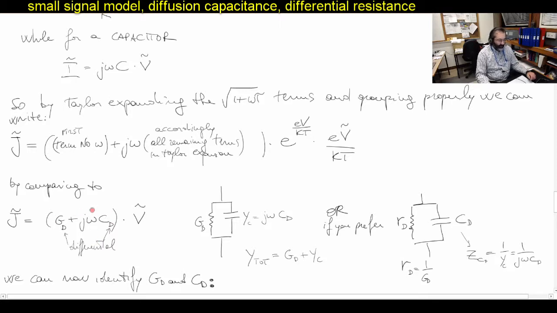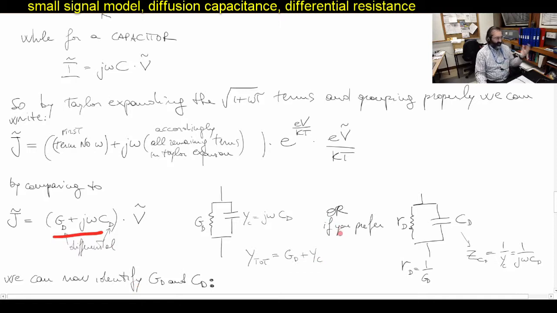It's the admittance of the capacitor. So this points us to the fact that there are two elements, a resistor and a capacitor, that are connected in parallel. This is because if GD is the conductance of the resistor and YC is the admittance of the capacitor, which is j omega CD, then this circuit has a total admittance that is the sum of the two, exactly as they appear here.